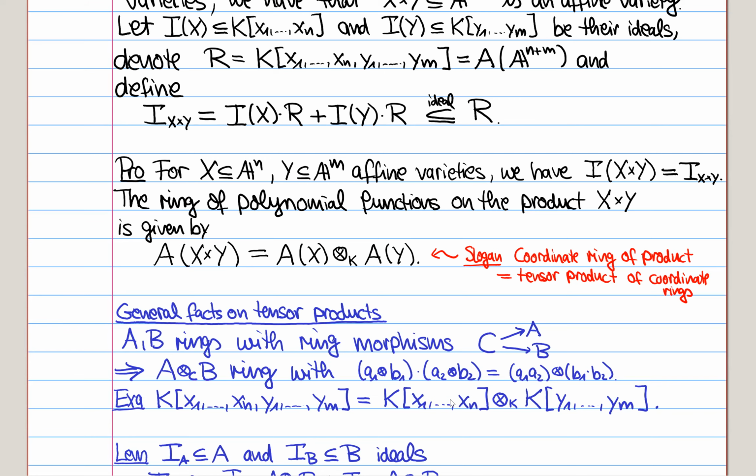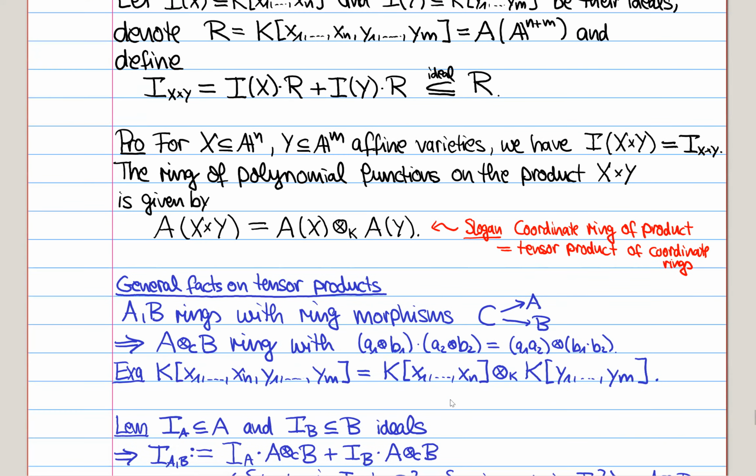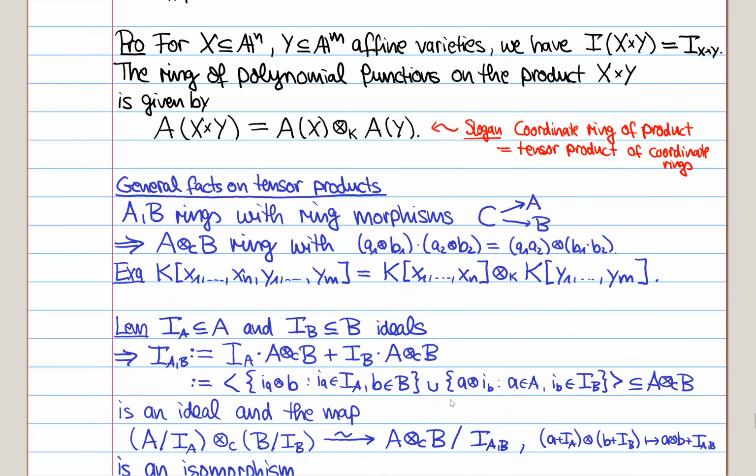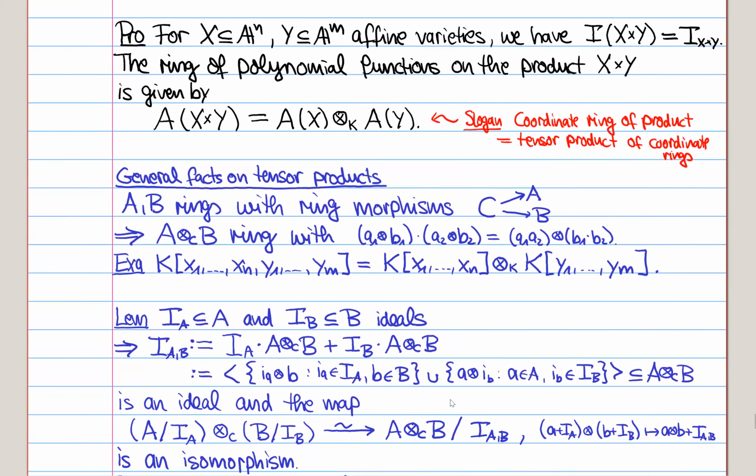And then a purely commutative algebra lemma, which tells us how this ideal that we saw before relates to anything, and how you compute the quotient of the ambient ring by this ideal.